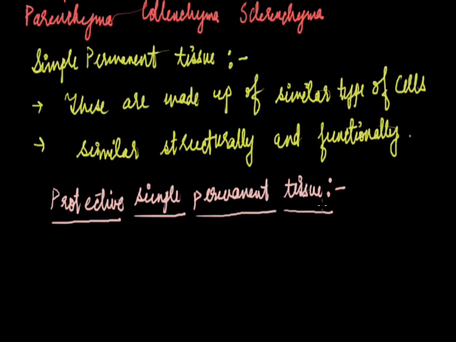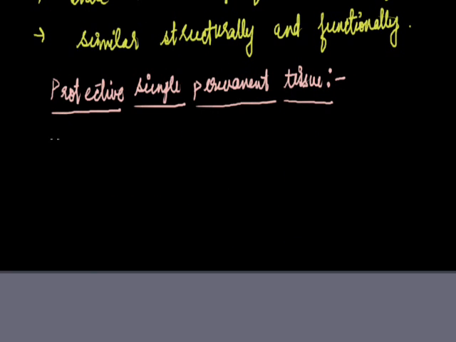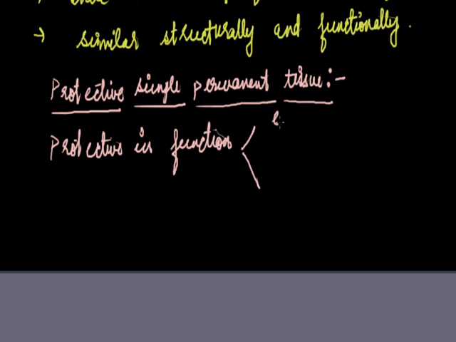Primarily protective in function as the name suggests, and these are of two types. One is the epidermis and second is the cork. So in the next class we will be studying about epidermis and then about the cork and then the supportive tissues. Thank you.